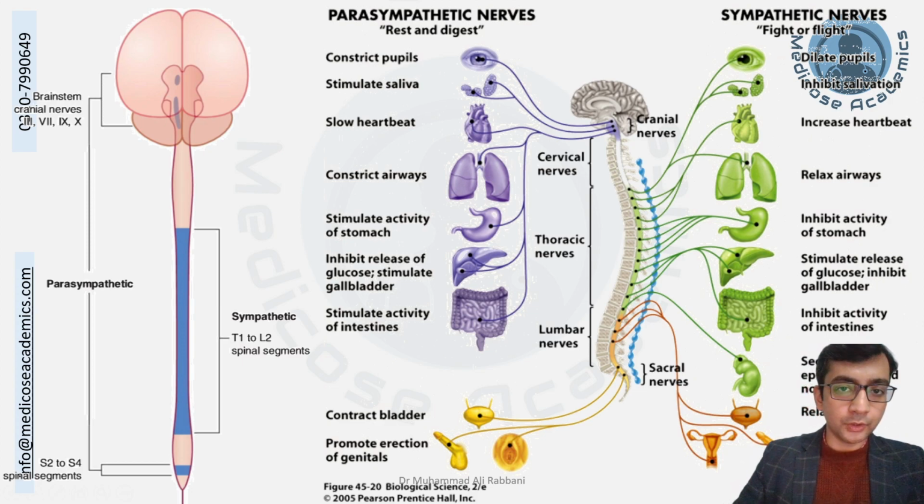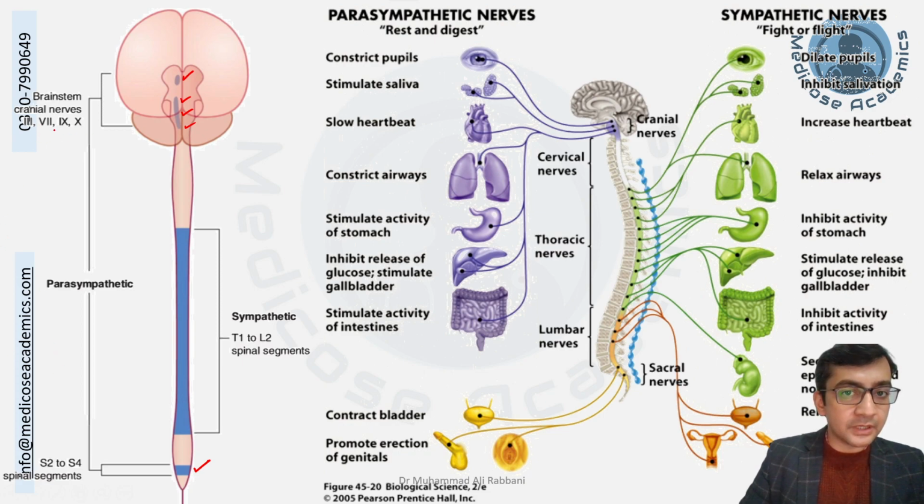Here, the outflow: I just told you that the first neuron, the presynaptic or preganglionic cell body, is present within the central nervous system. It is very interesting that the outflow of the parasympathetic nerves is from the brain or from the sacral segment of the spinal cord.